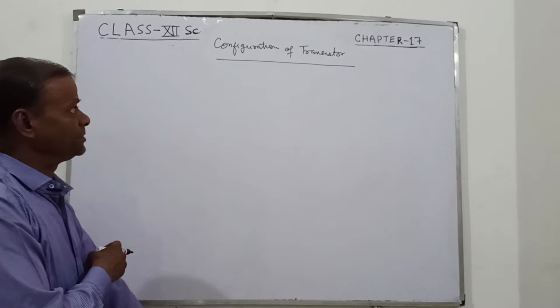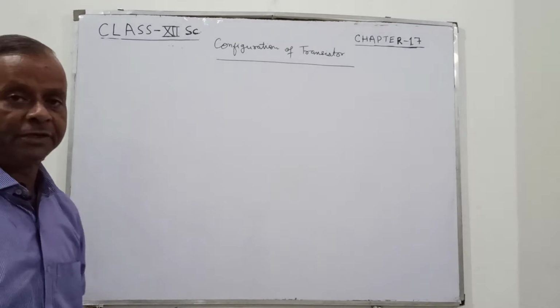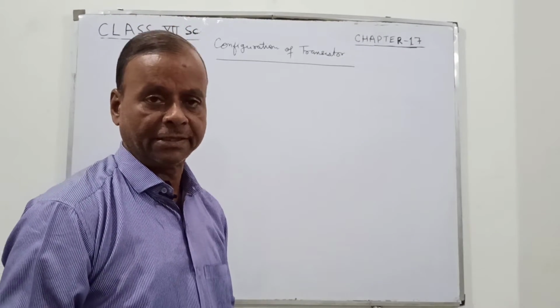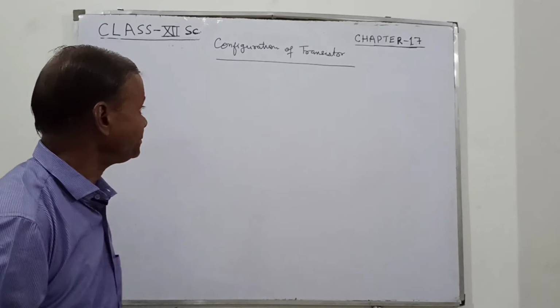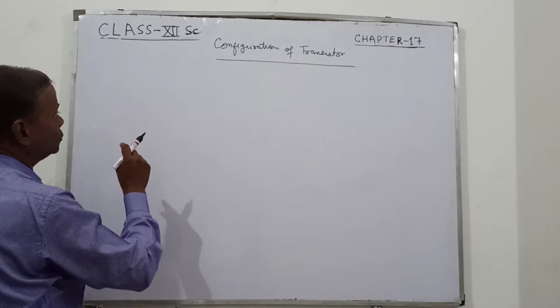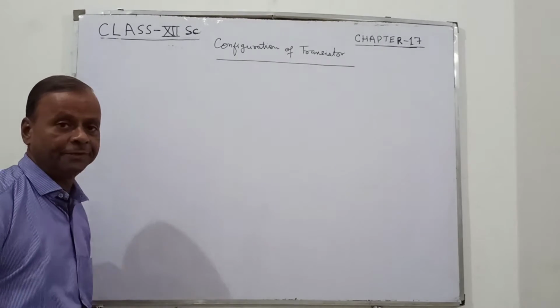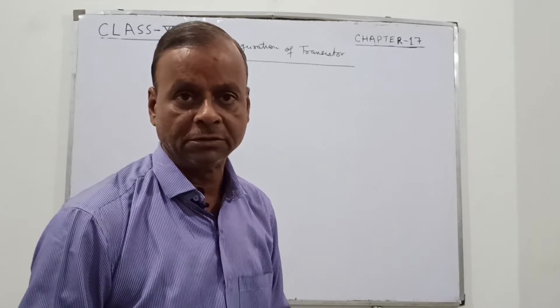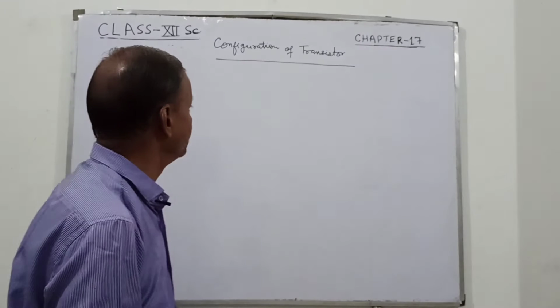As you know, the transistor is a three-terminal device: the emitter, base and collector. How do we find which is the emitter, which is the base and which is the collector? Look at the symbol.